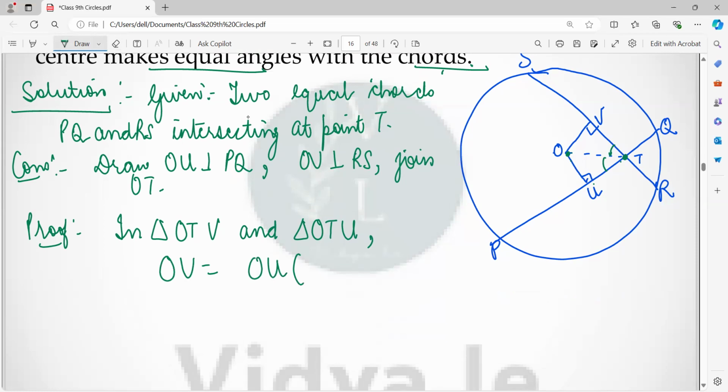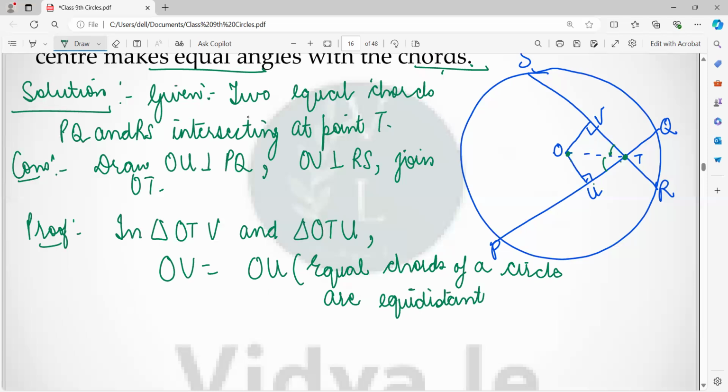Again, the same reason, equal chords of a circle are equidistant from the center.